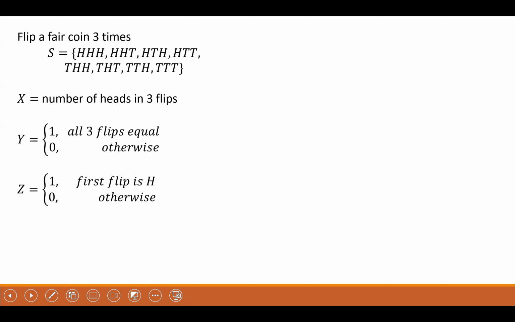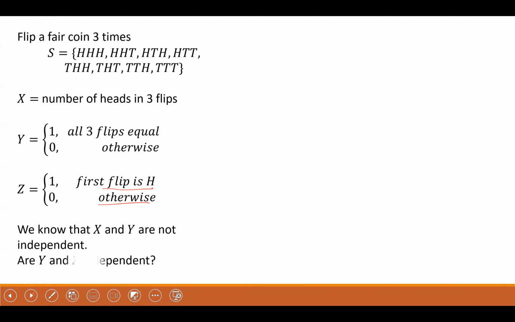Okay, let's define another random variable z on the same sample space. Z is equal to 1 if the first flip is heads and 0 otherwise. It's nice and small. So we know x and y are not independent, but how about y and z? They're both small, so maybe there's going to be a small number of things we have to check.